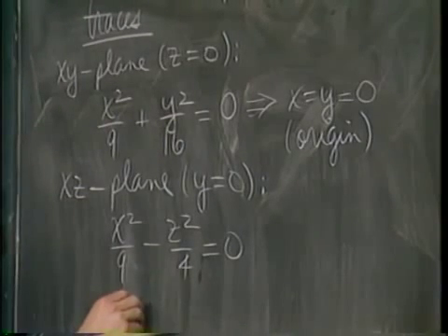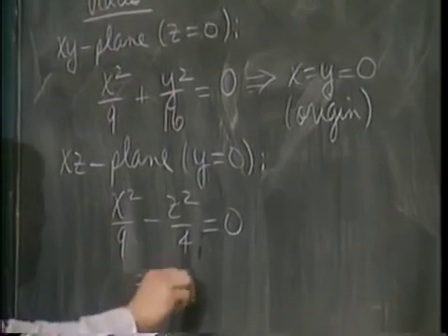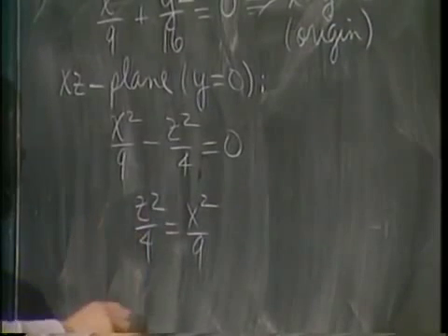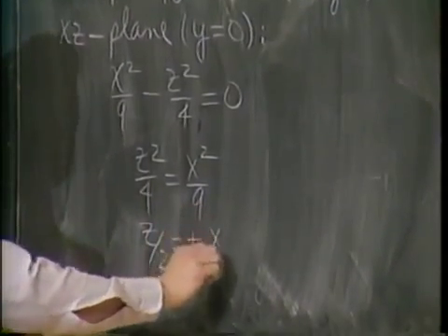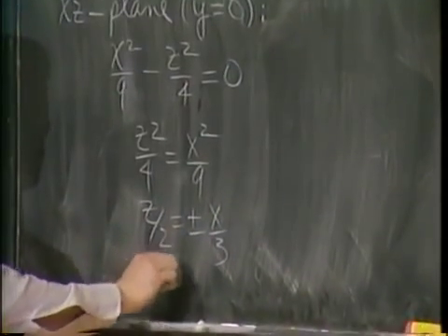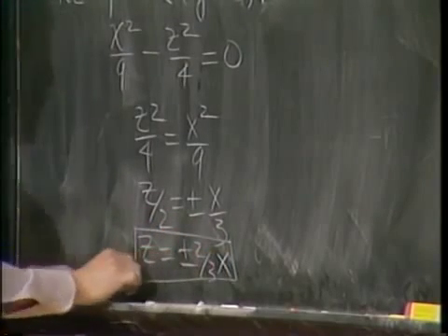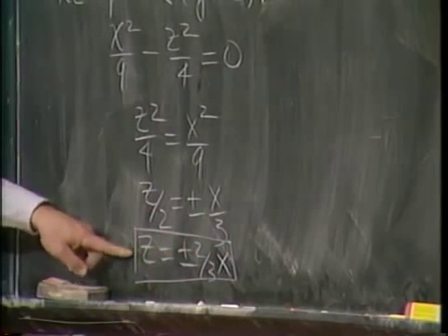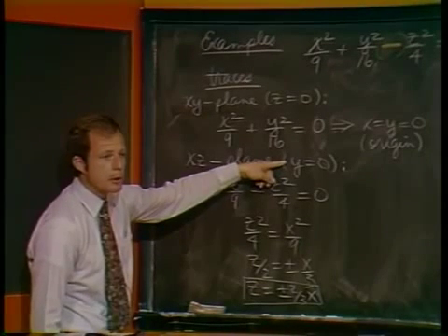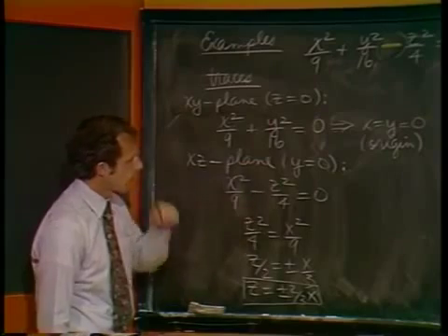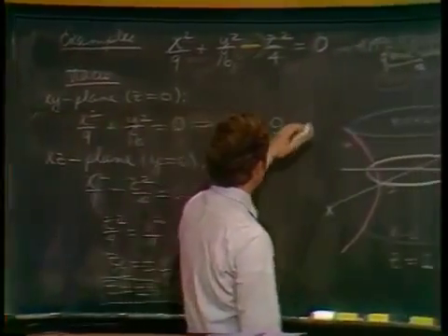We could say that this is z squared over 4 equals x squared over 9. Take square roots of both sides. Z over 2 is plus minus x over 3, or z is plus minus 2/3 x. So what's that? Z equals 2/3 x in a plane. This is a pair of lines, two intersecting lines. And you're going to find that that's the same situation in the YZ plane as well.